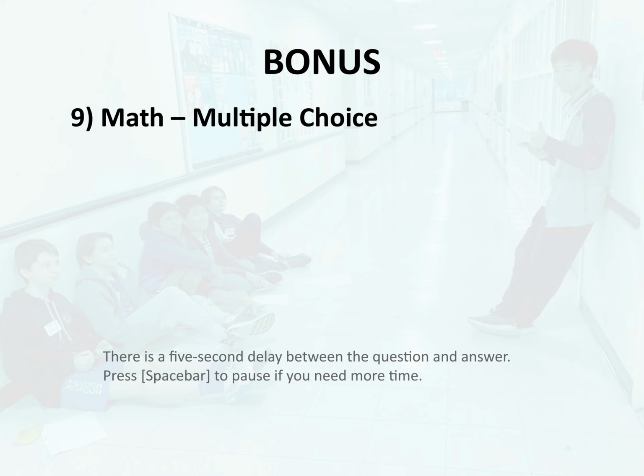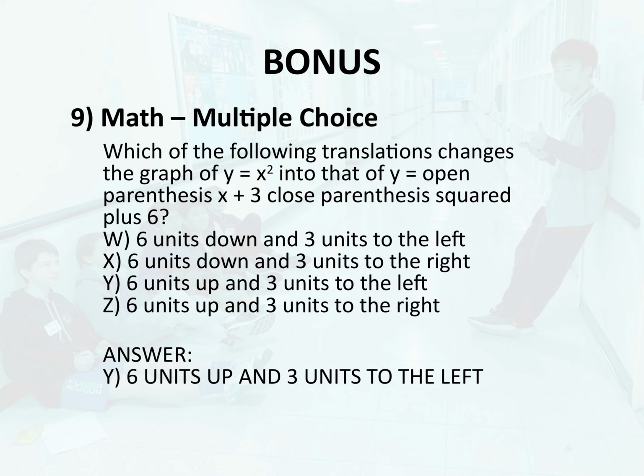X. 6 units down and 3 units to the right. Y. 6 units up and 3 units to the left. Z. 6 units up and 3 units to the right. Answer: Y. 6 units up and 3 units to the left.